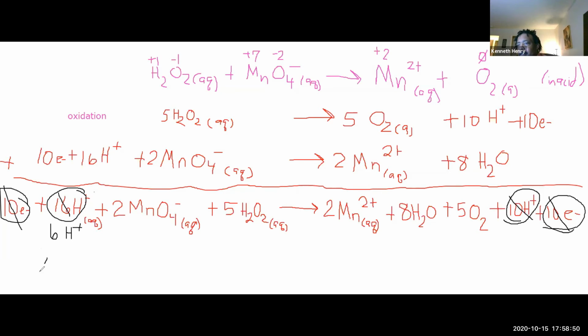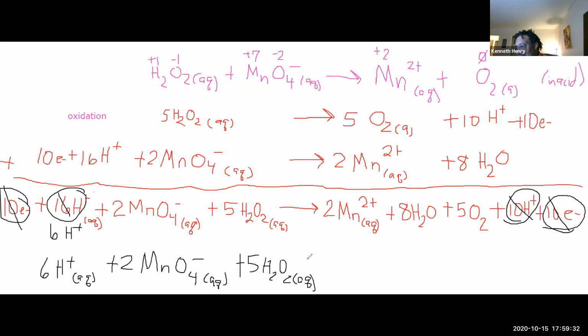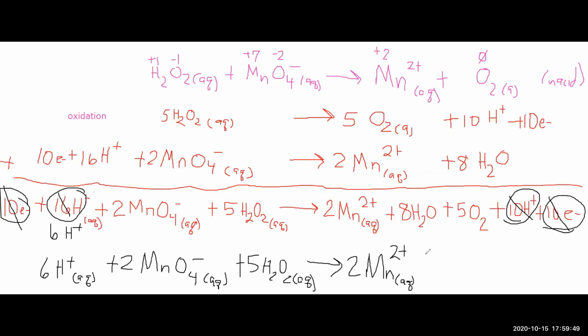Okay, so then my final equation is going to be H+ (aq) plus 2 MnO4- (aq) plus 5 H2O2 (aq) yields 2 Mn2+ (aq) plus 8 H2O (l) plus 5 O2 (g).